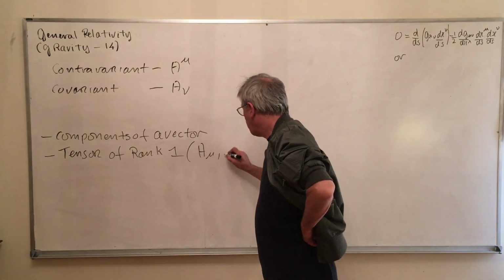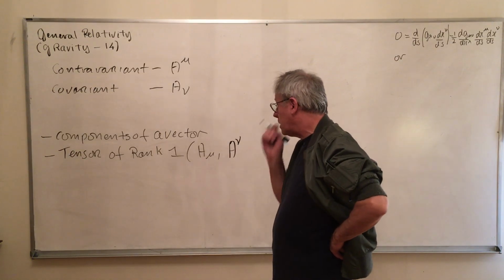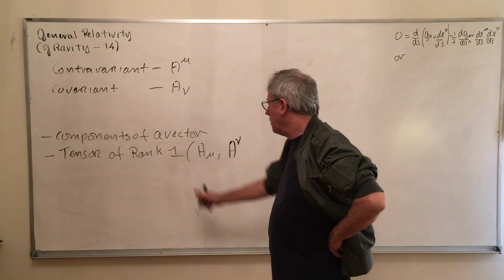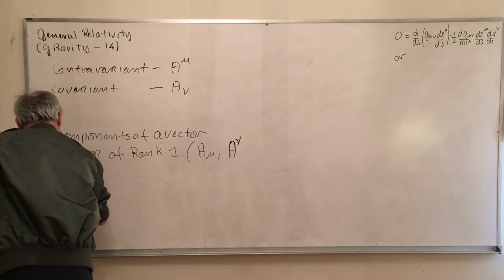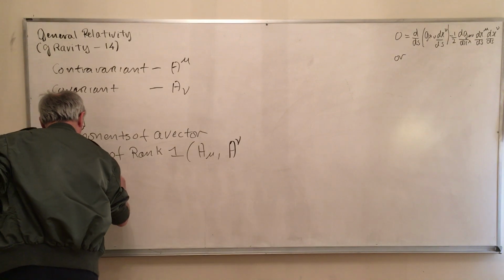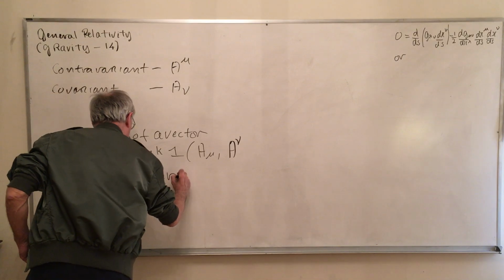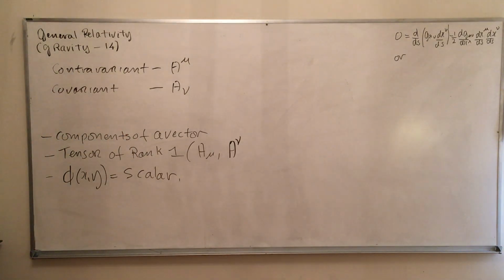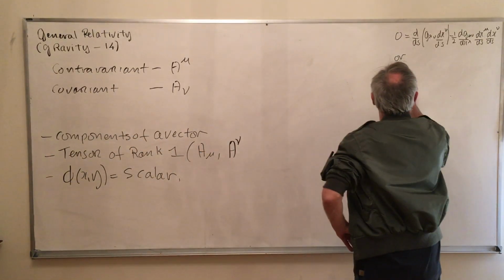So the vector a mu, or a nu, whose components are that, is a tensor of rank 1. Now, how do these components transform? What does transform mean? It means you go from one set of coordinates to the other.